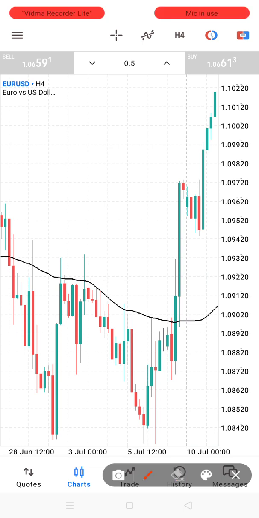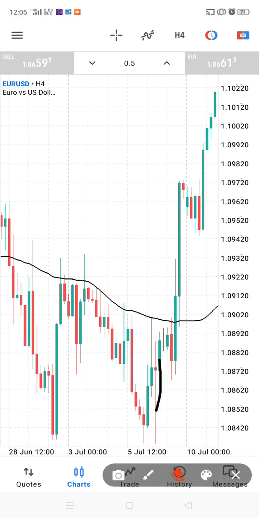Okay, let's delete those lines. Now let's continue looking into this. So here we've got a counter trend trade. Actually, we have an indecision candle, which is this one. No, excuse me, I'm gonna delete this.